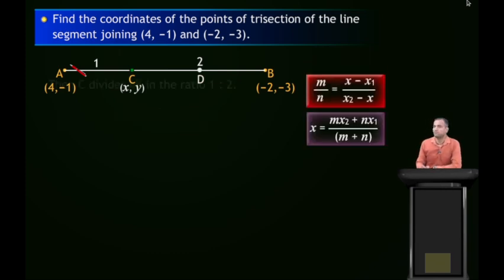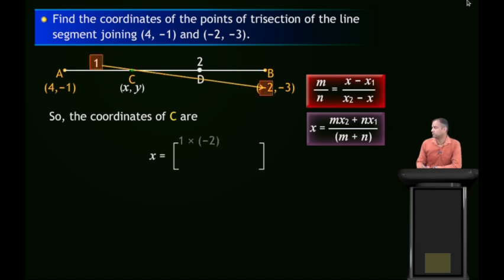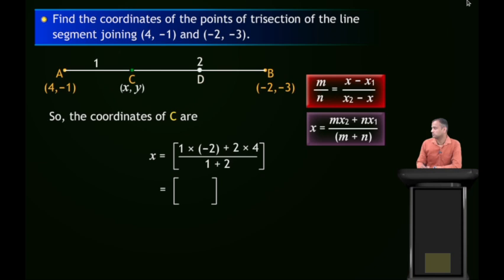Now again we can use the section formula, put the values, and you will get the answer very easily. So 1 comma minus 2, 2 comma 4, here you have minus 2 plus 8 upon 3, and after solving you will get the answer as 2.